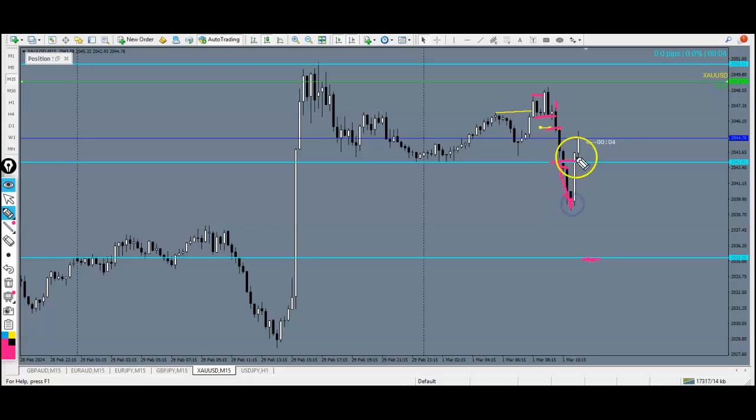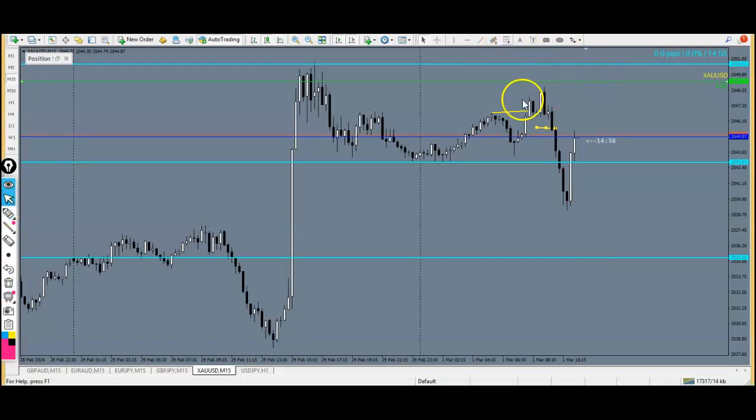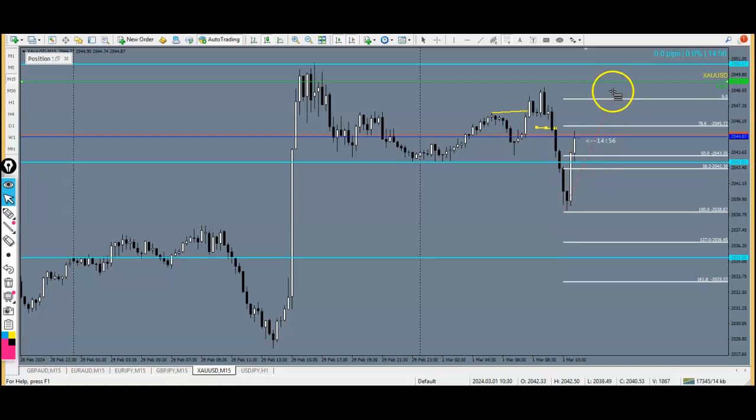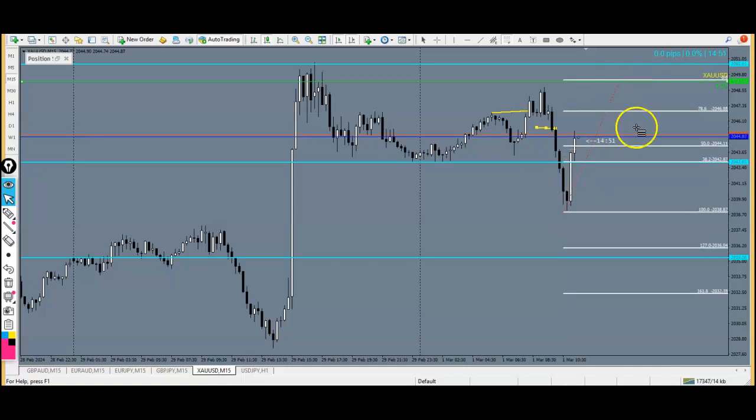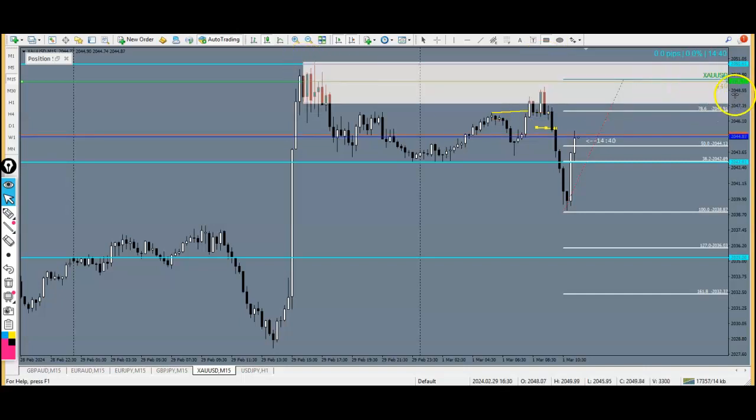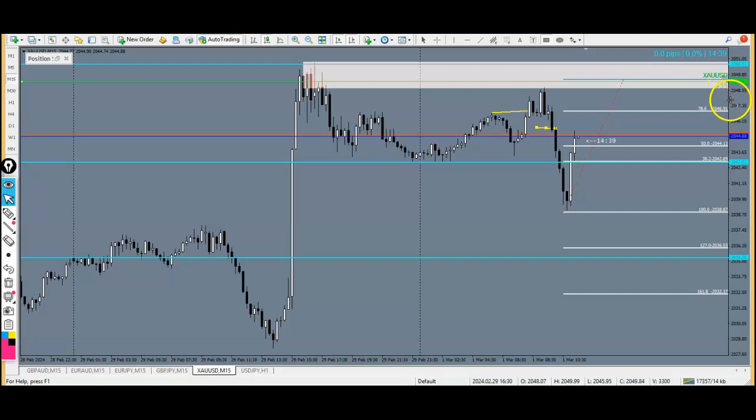So what I'm looking for now is a pullback on this. If we put a fib there, it's above the 50%. We know that this level here, in fact this whole range here, is a possible level.